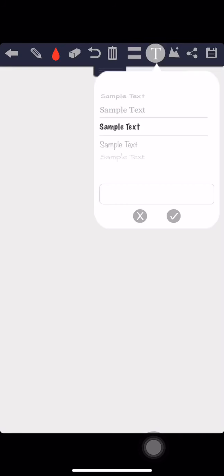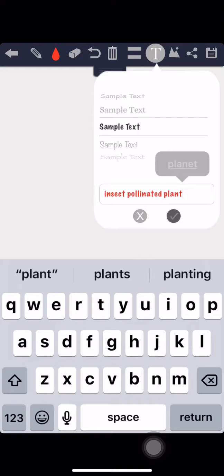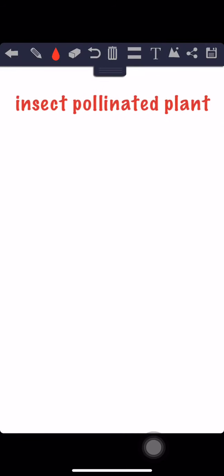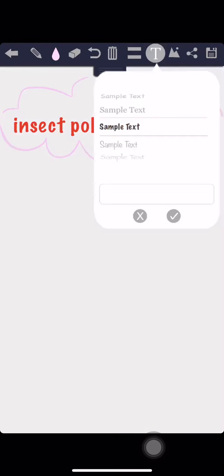Let's come to the last type, that is insect pollinated plants. In insect pollinated plants, what are the adaptabilities?